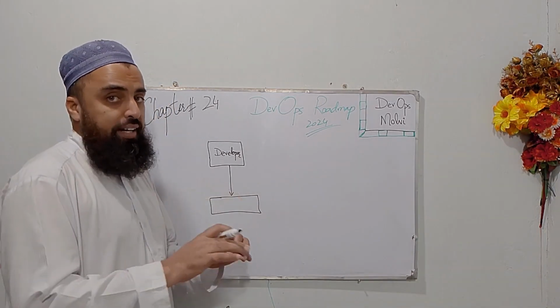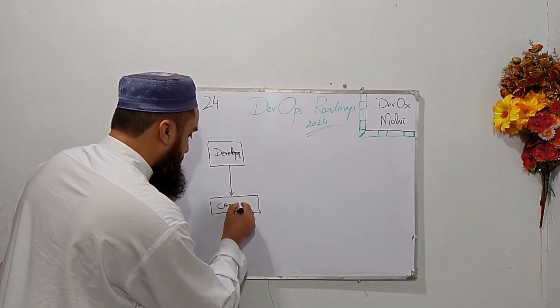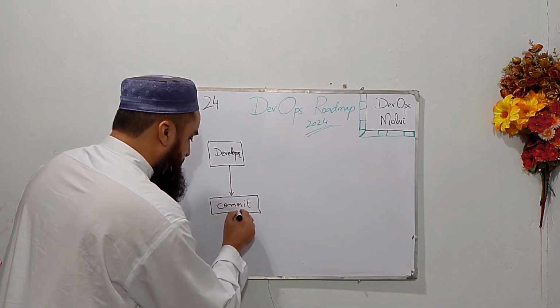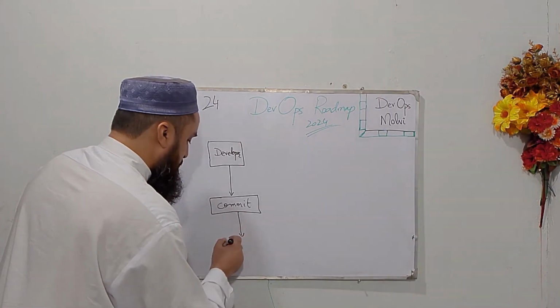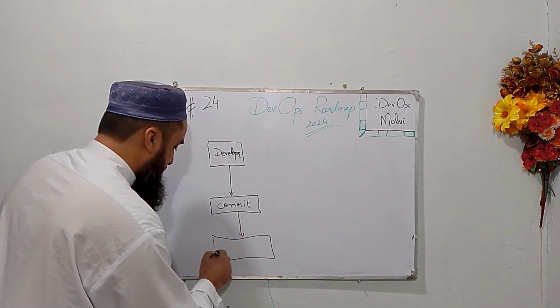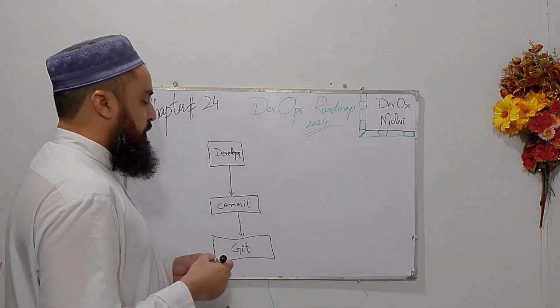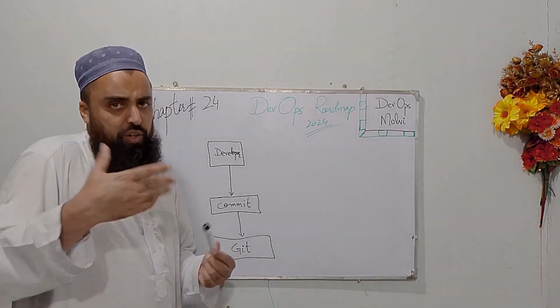Developers write the code and they commit on Git or any version control software. Let's suppose we have Git as my version control, and our code is hosted on GitHub.